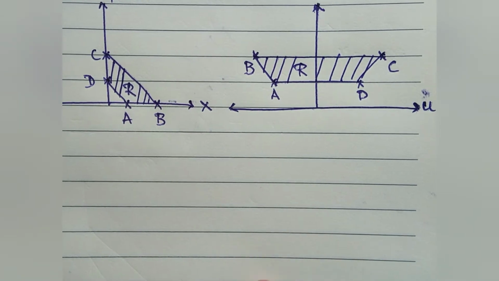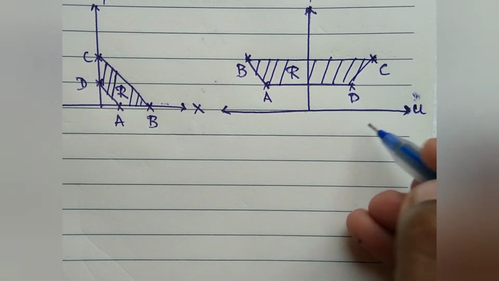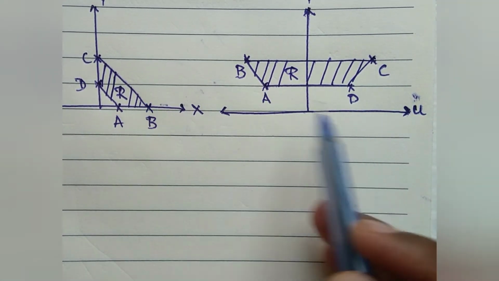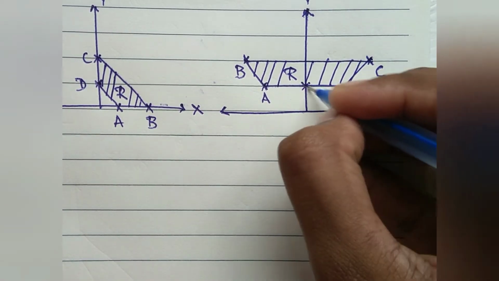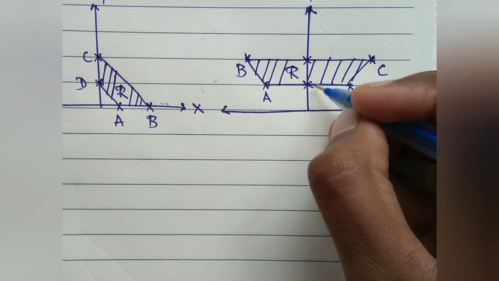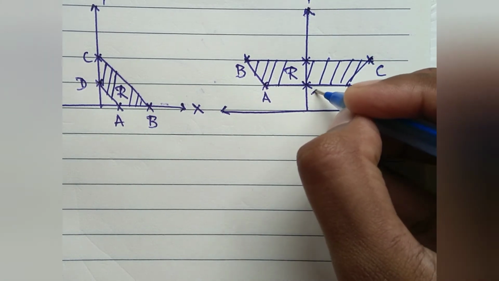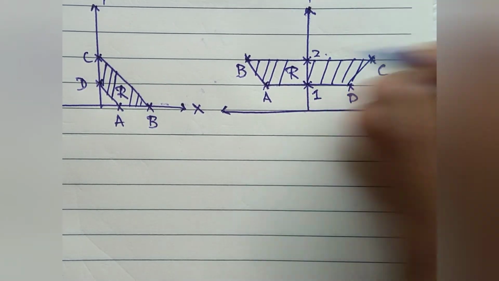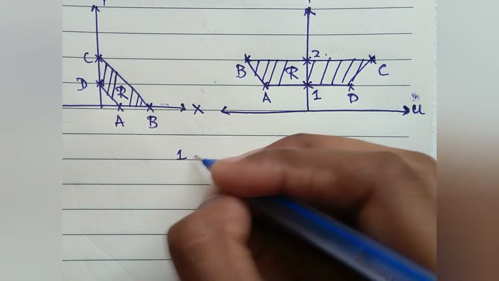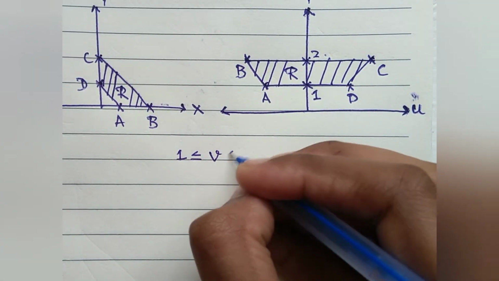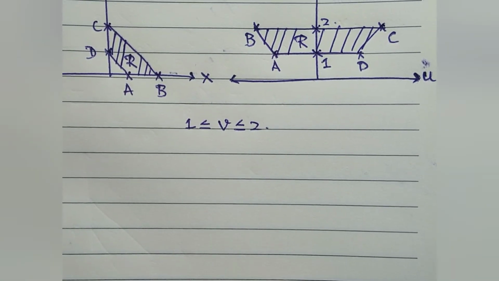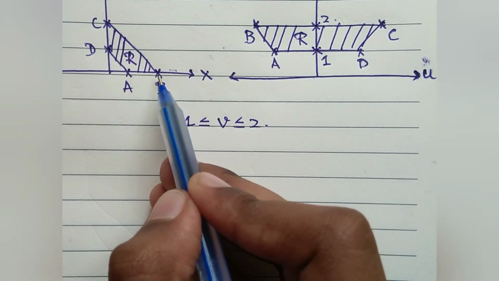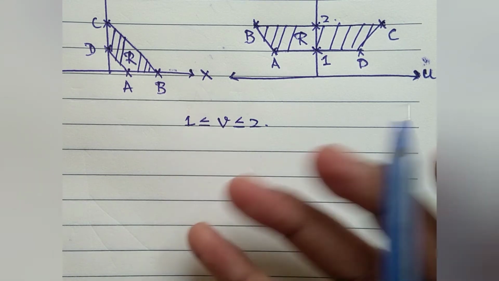Now let's find out the limits of u and v by analyzing these two graphs. From this graph, it's pretty easy to figure out that v goes from 1 to 2. So we can write that 1 is less than or equal to v less than or equal to 2. Now for u, we can see that the line AB lies on the x-axis.